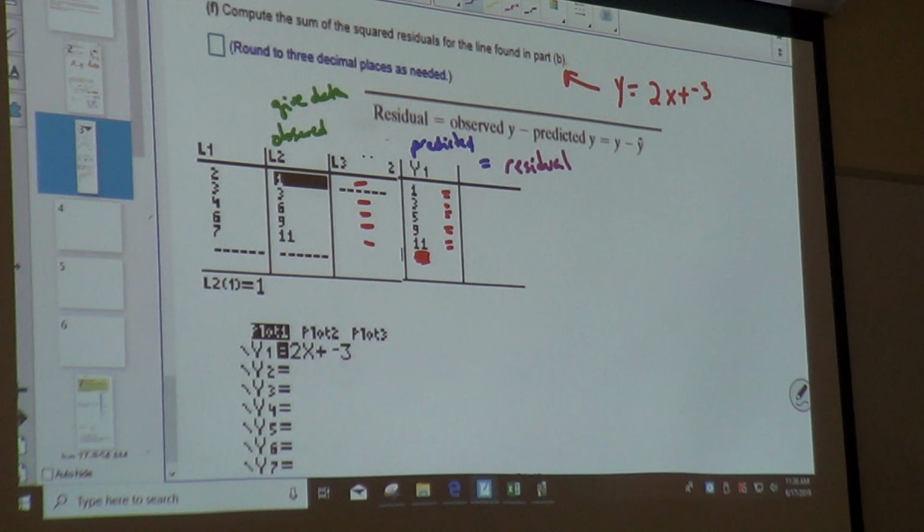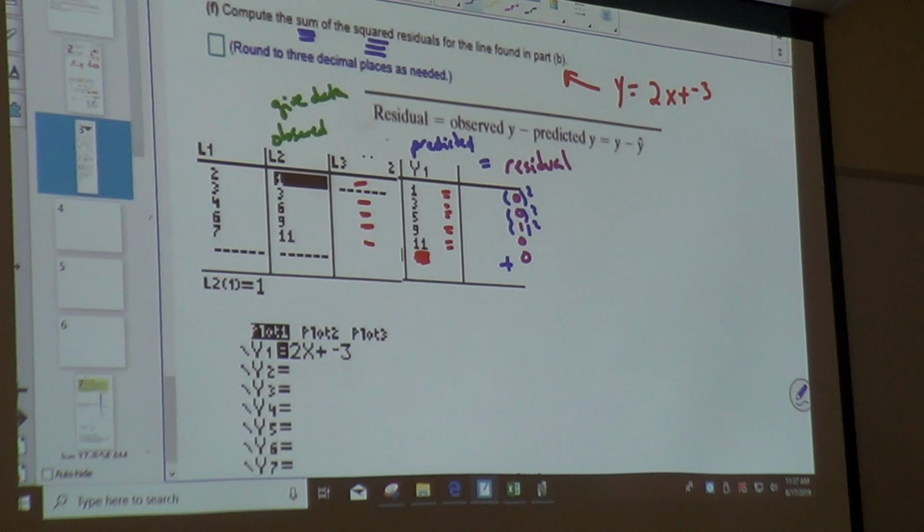So what is 1 minus 1? 3 minus 3. 6 minus 5. 9 minus 9. 11 minus 11. Now, up here it says the sum. What does that mean I need to do? Of the squared. What do I need to do to each one of those answers?